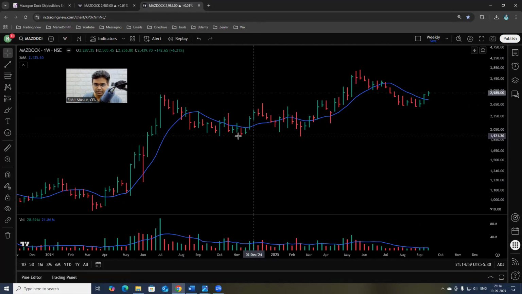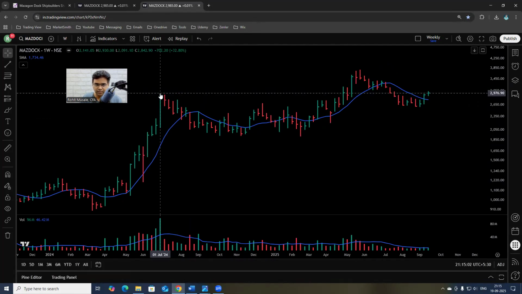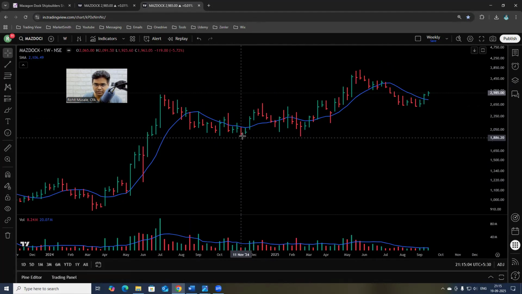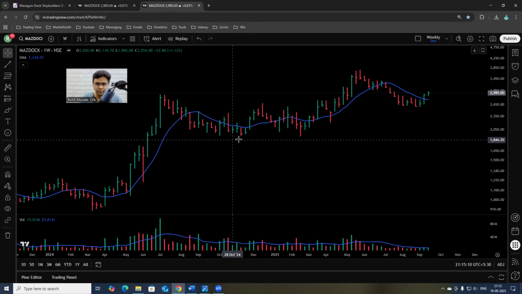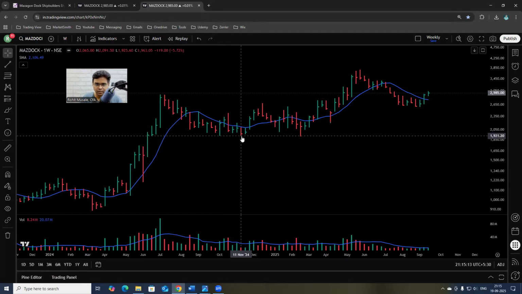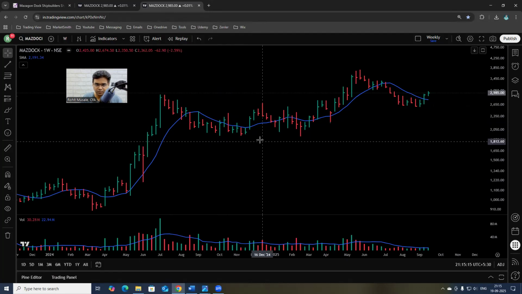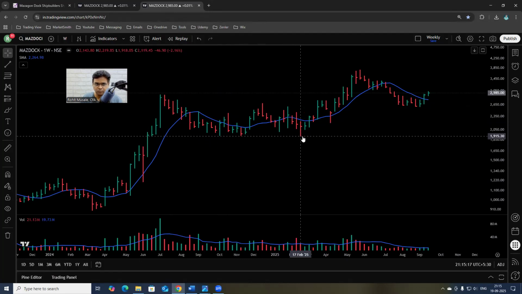See, this is considered to be base 5, the high of base 5. And since the low of this base, what is the low of this candle? 1926.30. The low here is 1925. So the low of this base 5 is taken out by this low. This is 1918. This is 1926. So since this low undercuts this low, that is why this is termed as base number 1.